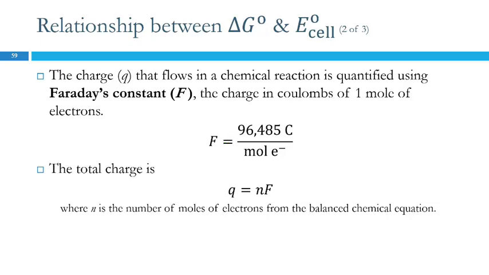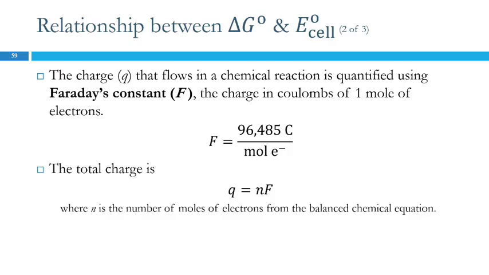Kind of an odd number, huh? In more ways than one. So then the total charge is this many coulombs per mole times the moles of electrons that are being transferred.